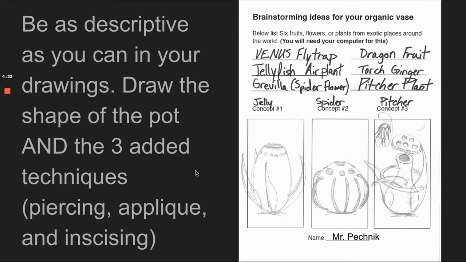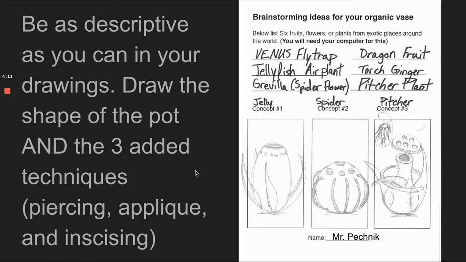I then created 3 different designs for each plant that uses some of the things I was seeing on those plants to inspire how I created my applique or my piercing designs into the pot.